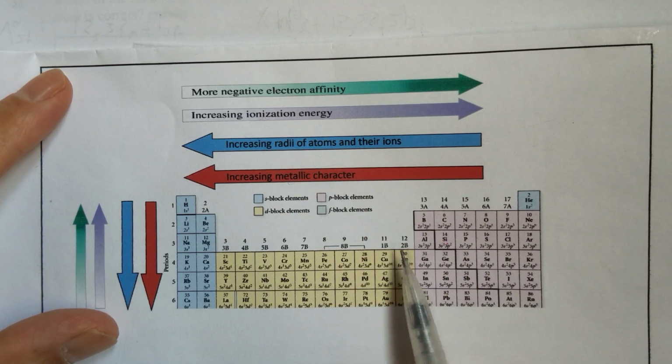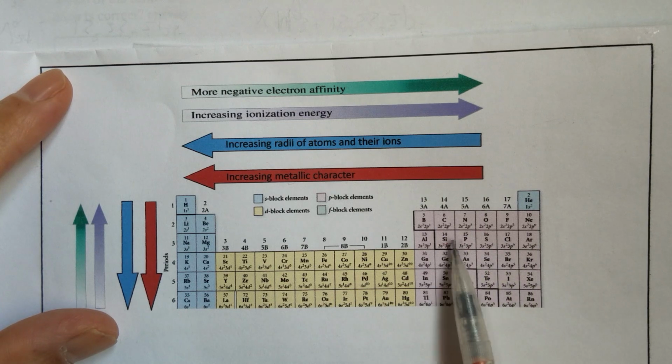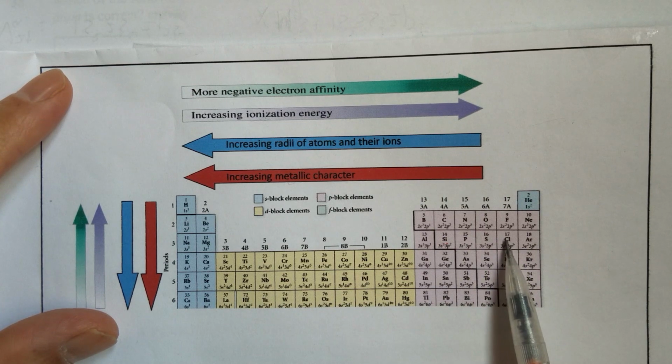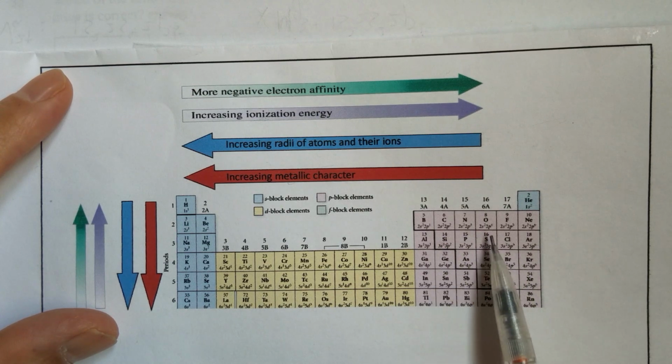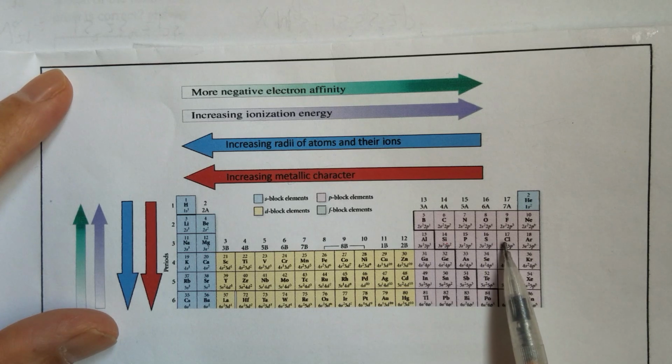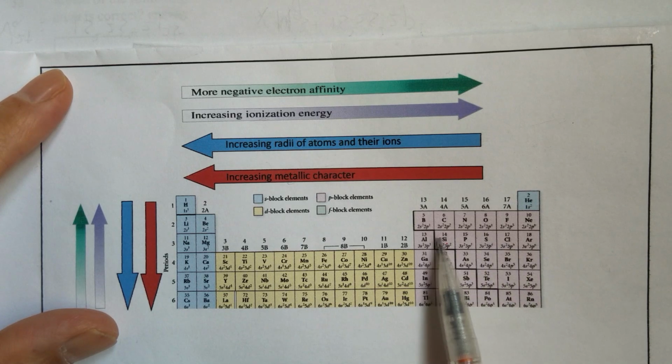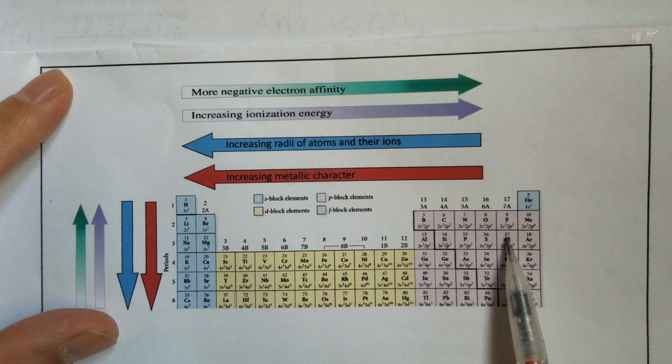The ones with the smaller atomic radii do have higher atomic number.